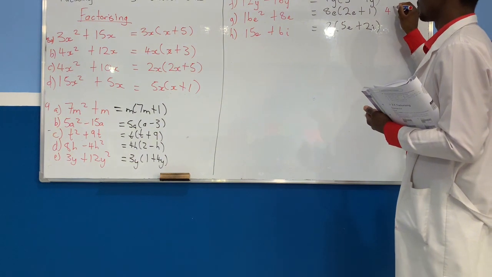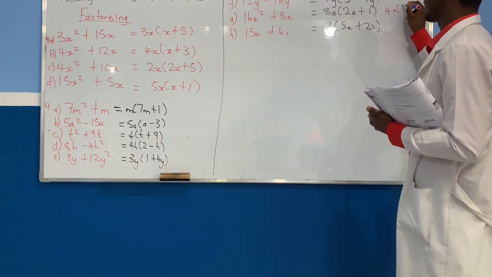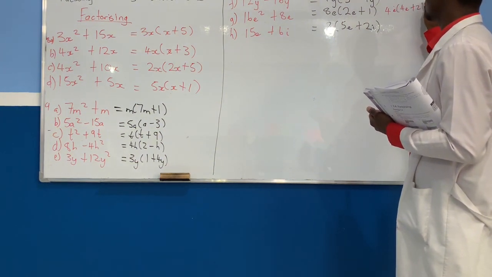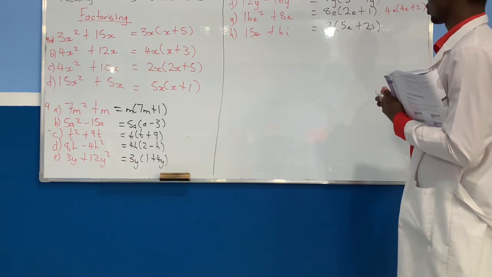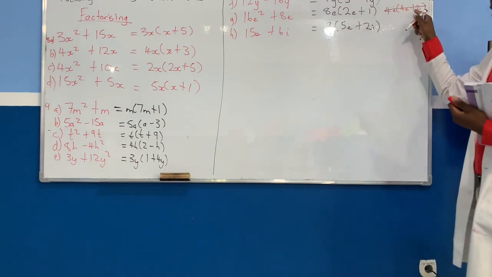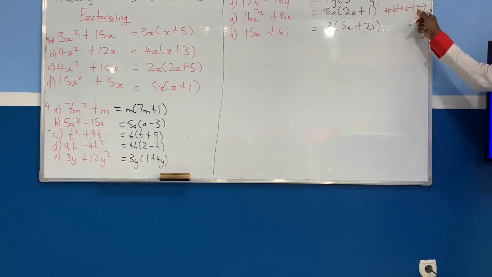If you write it like this, 4a bracket 4a plus 2 is not correct because 4a and 2 still have a common factor between them, which is 2. So you need to factor out that 2 again, multiplied by 4, and you get your 8. Alright, so take note of that to use the highest common factor.